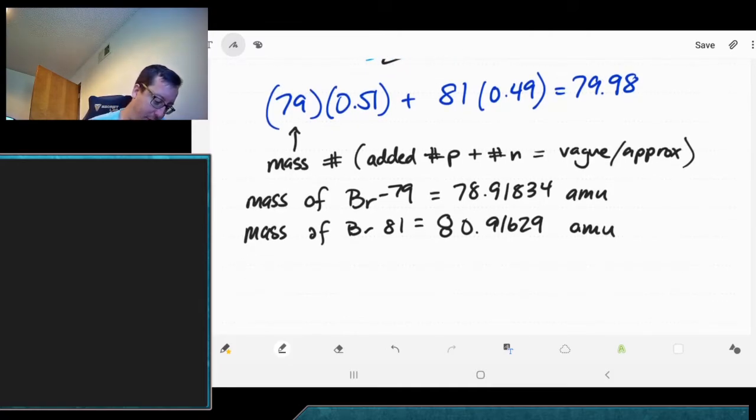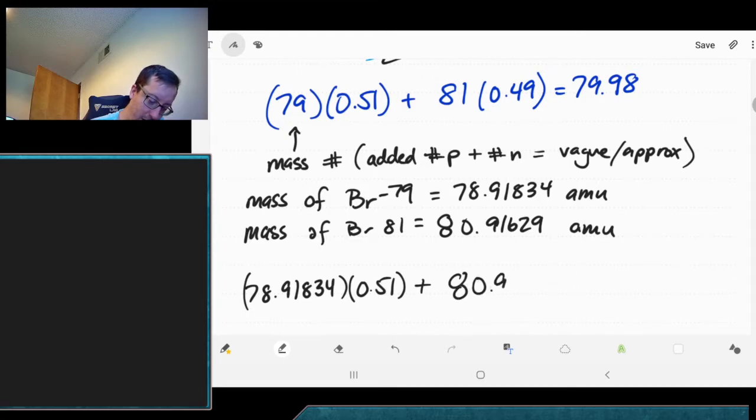So, if we try this, 78.91834 times 51% plus 80.91629 times 49%.